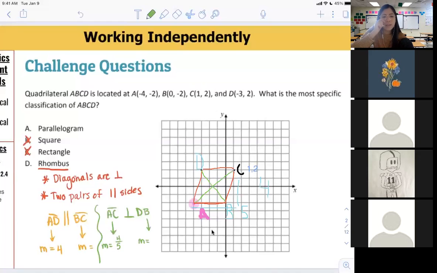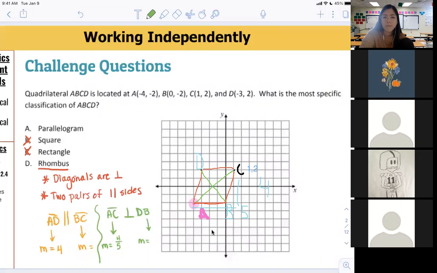What about DB? Count carefully. I think I got 1, but I don't know.